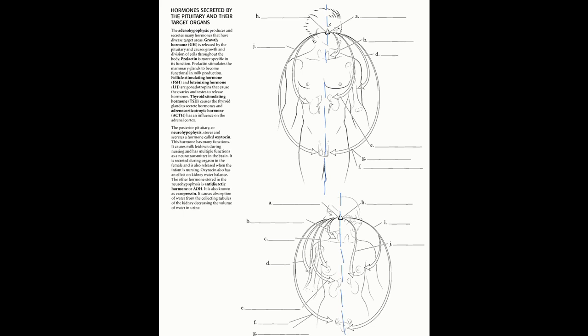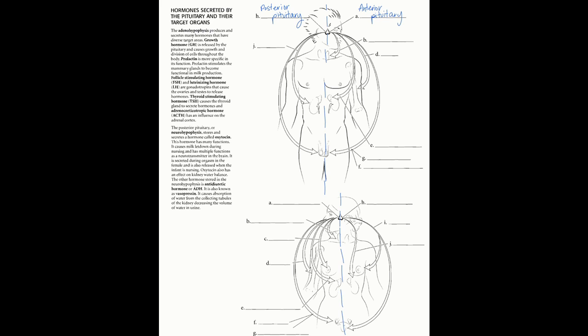Seeing as he's looking to his left-hand side, A is going to represent our anterior pituitary, whereas H is going to represent our post-pit.